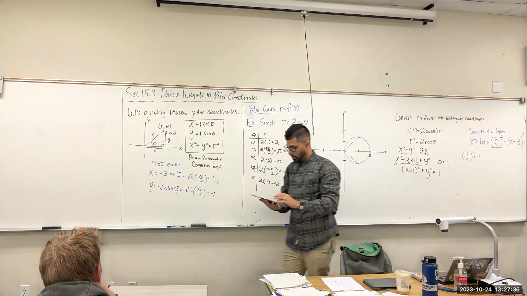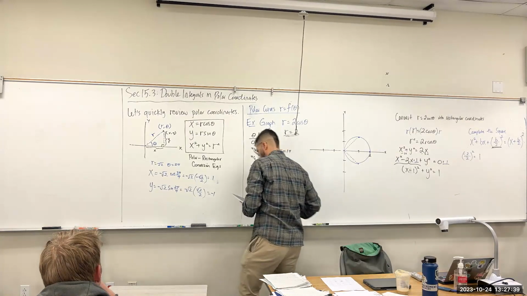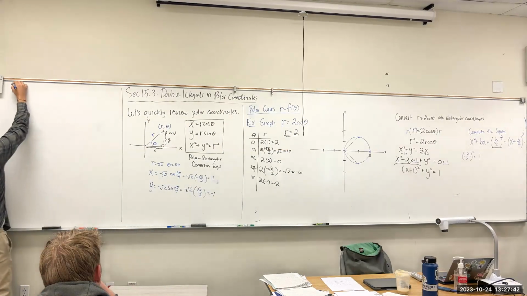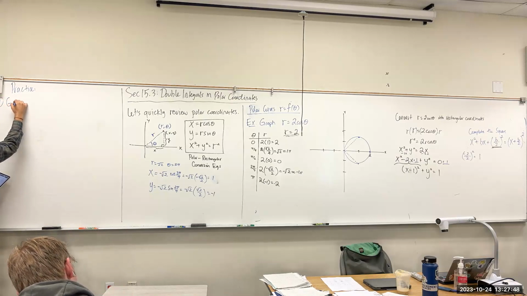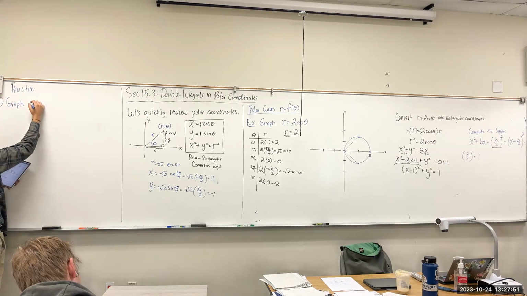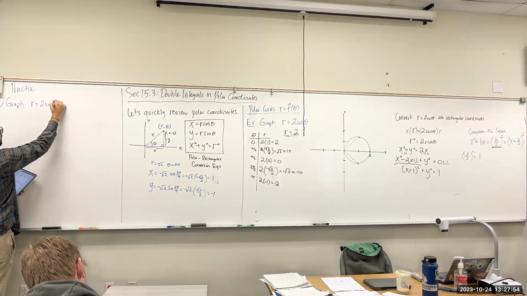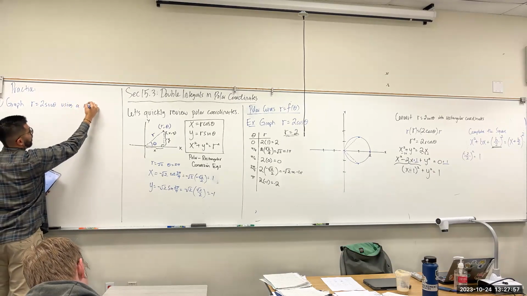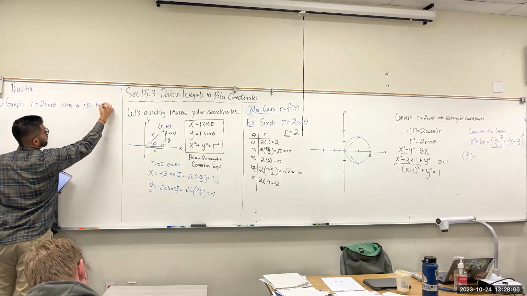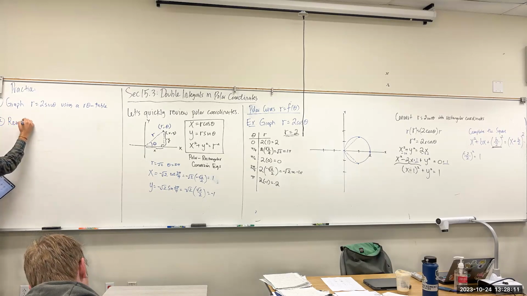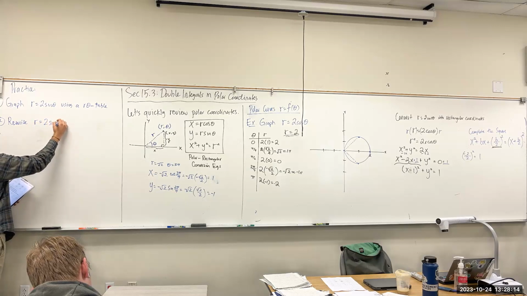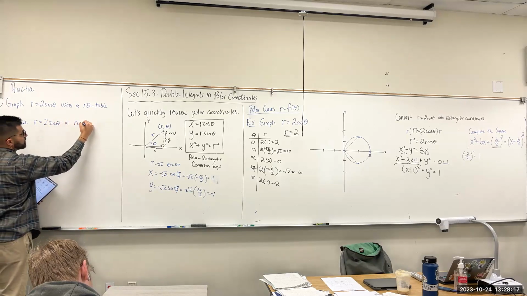So here, I want you guys to do a problem like this one, just for a quick review. Practice. So graph r equals 2 sine theta using an r theta table, because I also want you to practice plotting points in polar coordinates. Number 2, rewrite r equals 2 sine theta in rectangular coordinates.